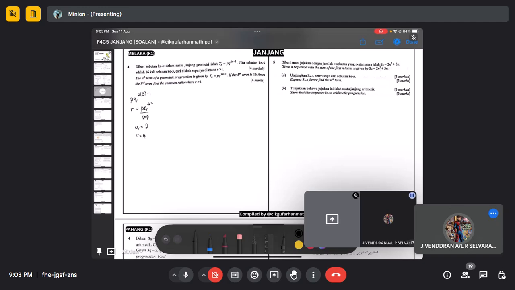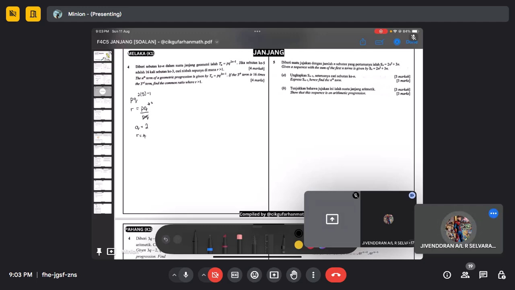Okay, so the question said the fifth term is 16 times the third term. That means T5 equals 16 T3. And since the question has given the equation Tn equals Pq to the power of 2n minus 1, you can substitute the n value into the equation.